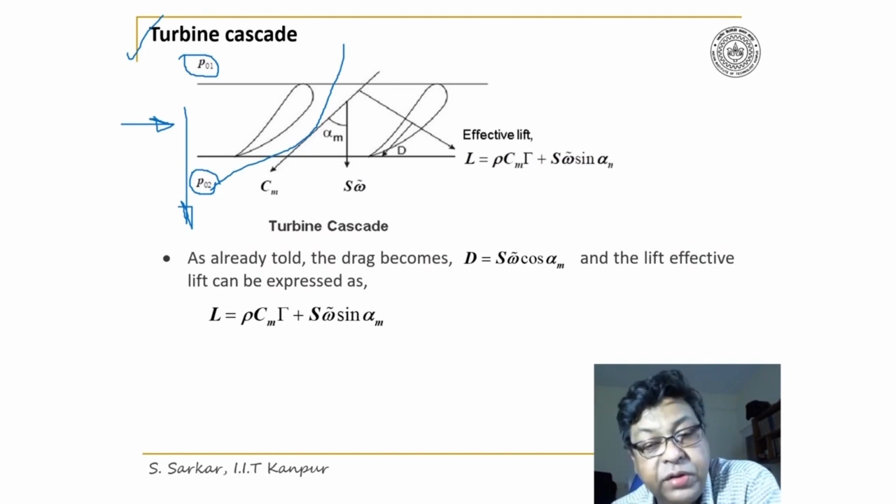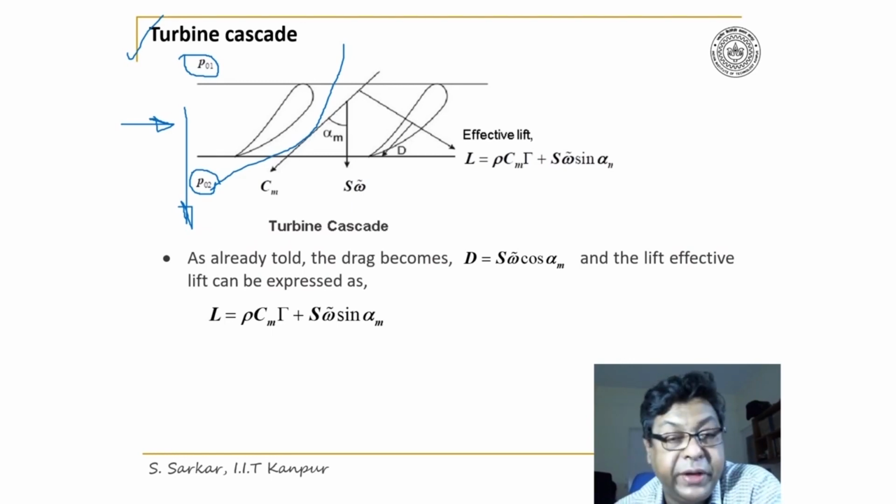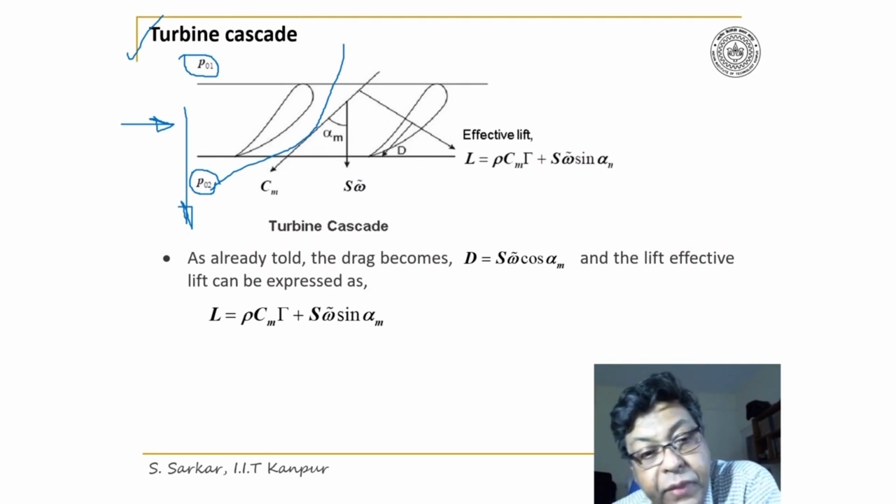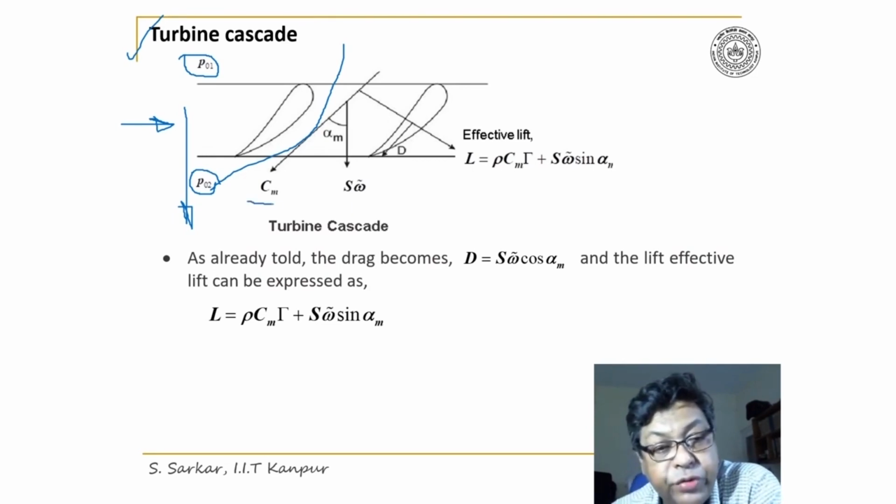C2, the exit velocity, will be higher than C1 as the flow will accelerate in a turbine cascade. I have indicated as before Cm, the vectorial mean velocity that makes an angle alpha m with the z-axis. S is the pitch of the blade.